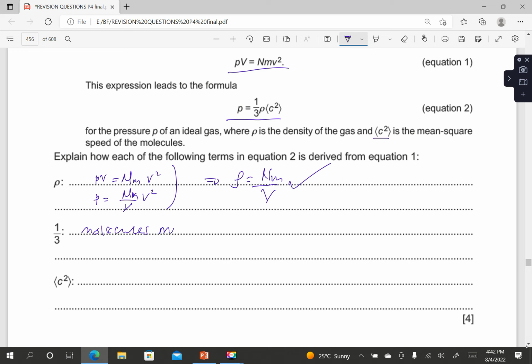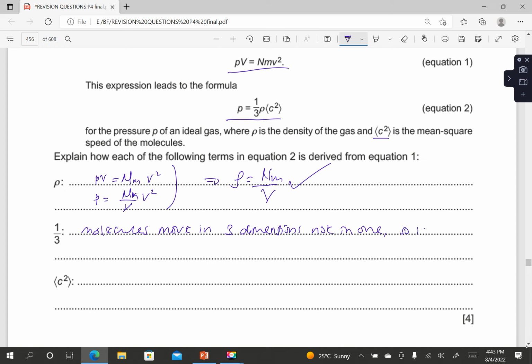So molecules move in 3 dimensions, in 3 directions, not in one. If molecules move in 3 dimensions and not in one, so if I want to find the movement in 1 dimension, then it should be a third.